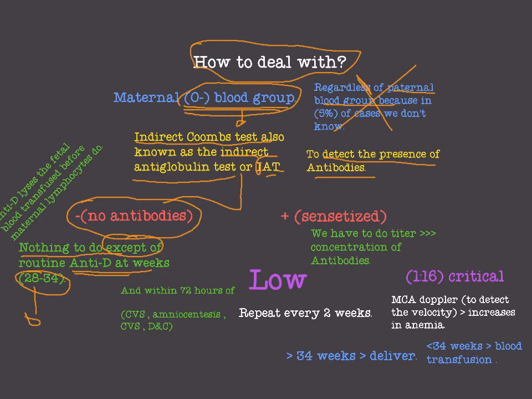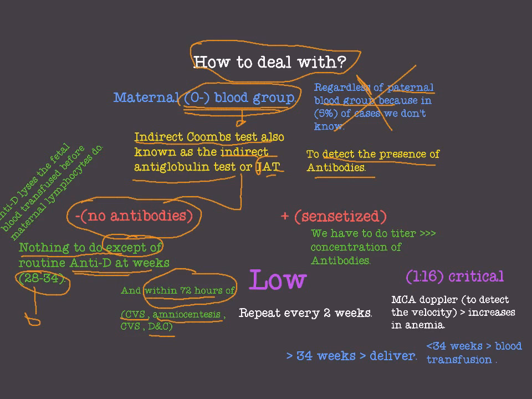Also we have to administer anti-D in the cases of CVS, amniocentesis, D&C, and so on and so forth. In these cases we have to administer anti-D within 72 hours. So how does anti-D work?